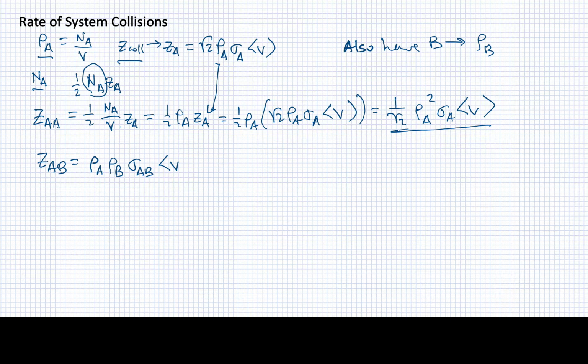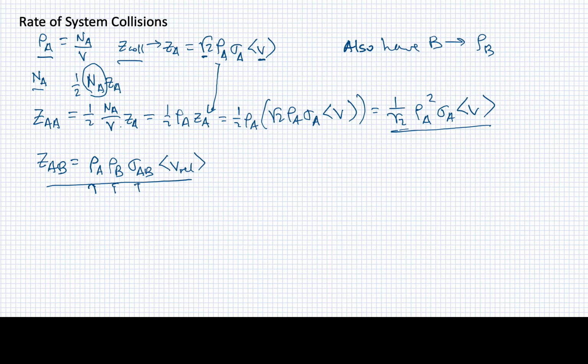Remember, we got this square root of 2 because we did a relative velocity for two A molecules, so I've got to do a relative velocity here between A and B molecules. So I'll have an expression that looks something like this, and this is actually an expression I hope that makes a lot of sense. It's going to be related to the number density of each of the molecules in our sample, their cross-sectional area. Okay, so this is just the area that they have to be within each other in order to have a collision.